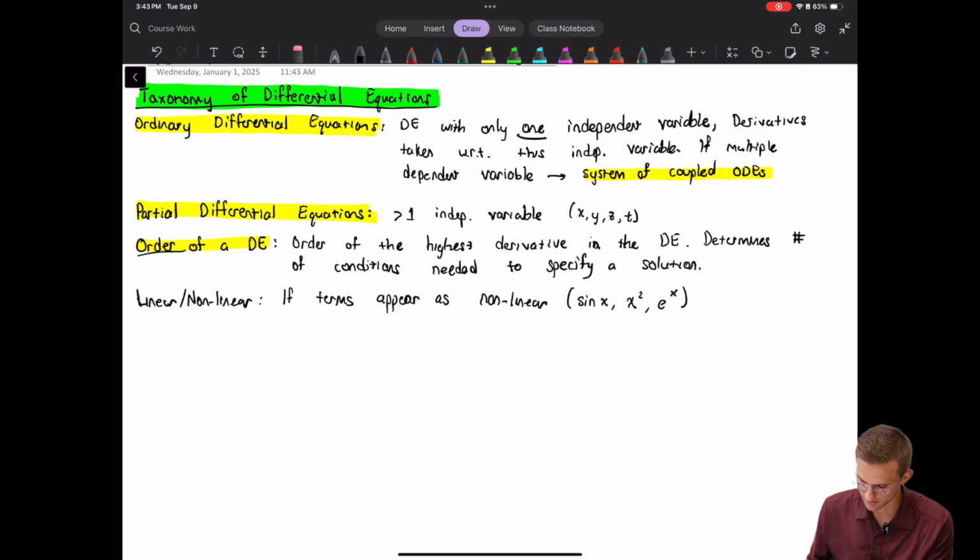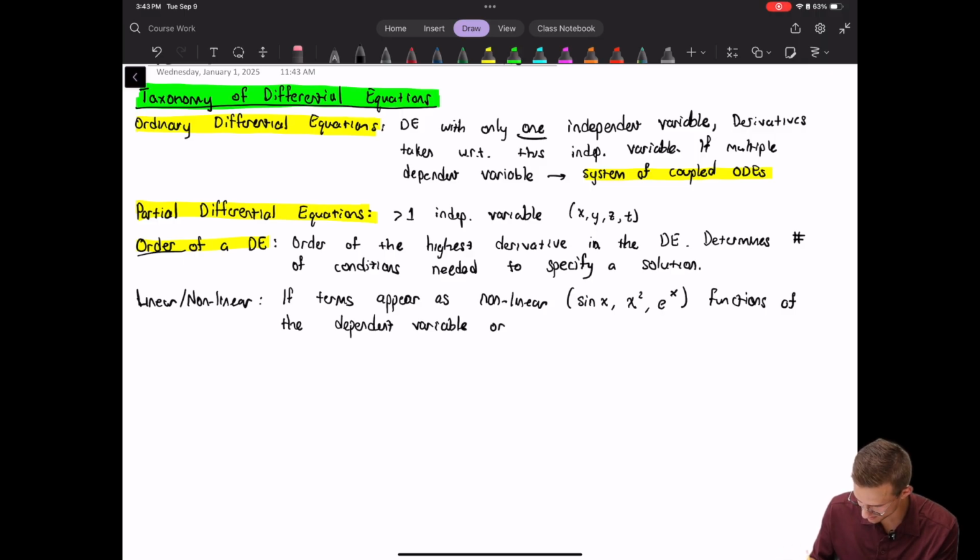So if terms appear as nonlinear functions of the dependent variable or its derivatives, then the differential equation is nonlinear, and vice versa.